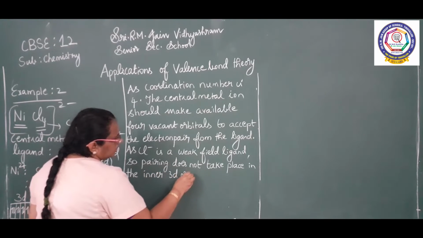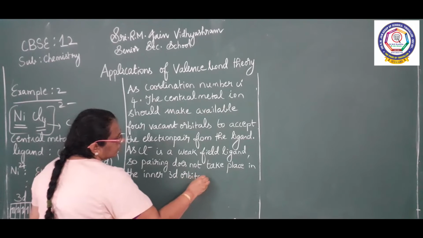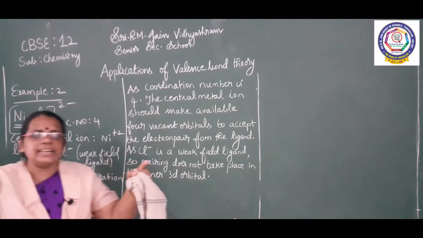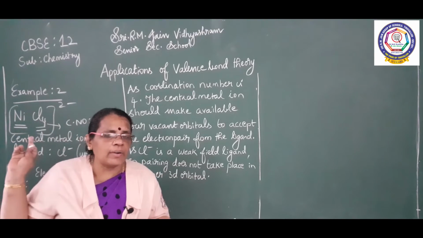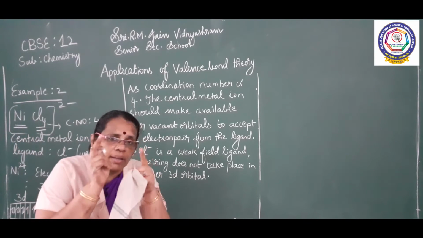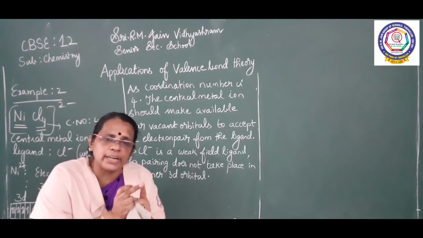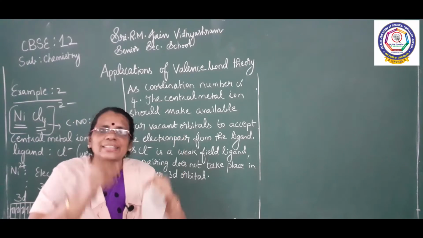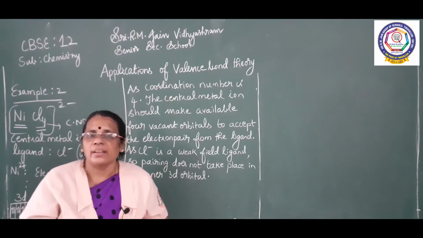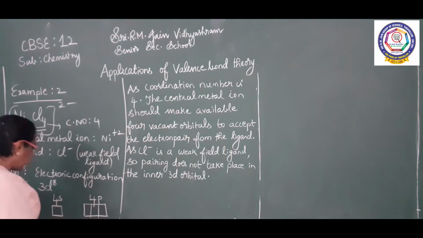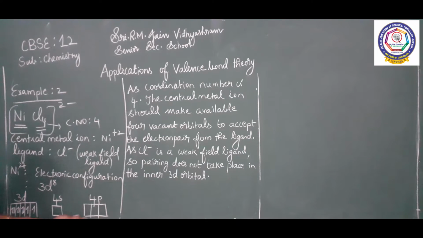In the 3d orbital there are actually 8 electrons. Chlorine is a halogen, which is a weak field ligand bonded to the central metal ion. So pairing does not occur if it is a weak field ligand. Pairing doesn't take place in the 3d orbital, so I have to start from the s and p orbitals.